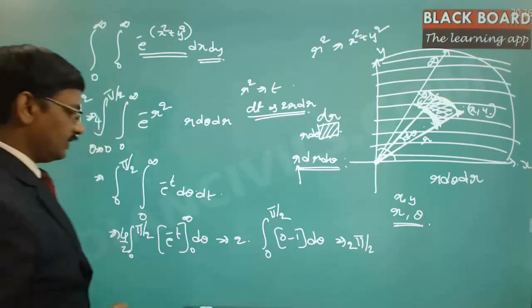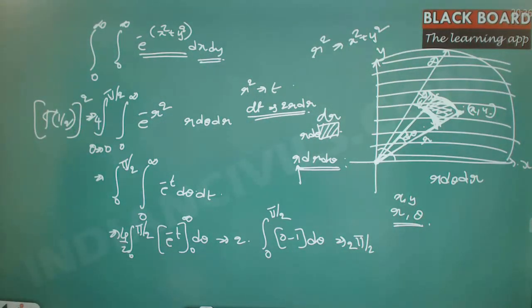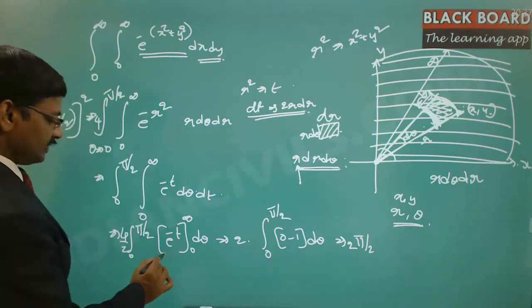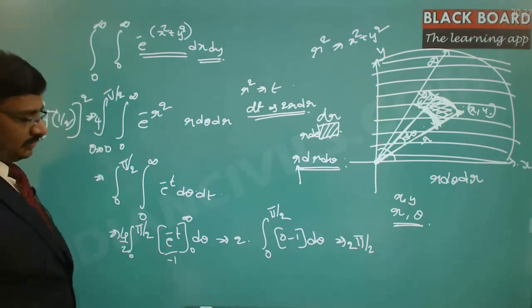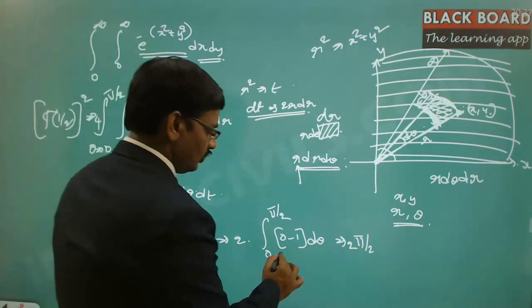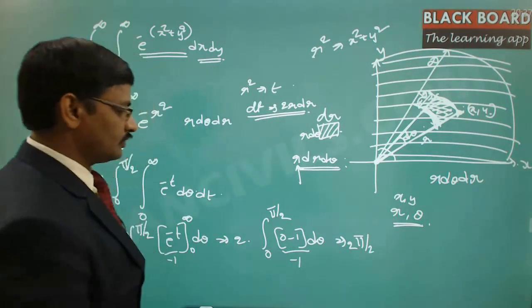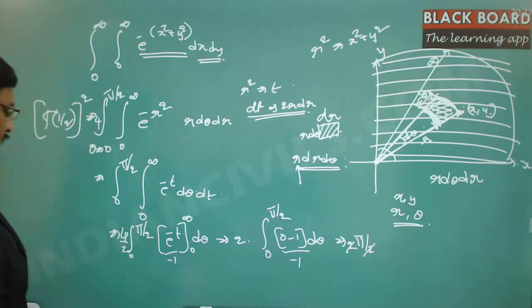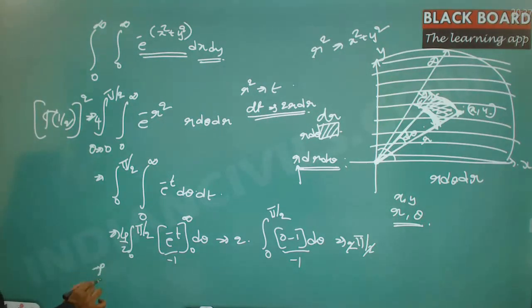I think there is one minus sign here. Yeah, there is one minus sign, right? That's what I forgot. Here the integral of e power minus t is divided by minus 1. So pi will cancel, 2 will cancel out, and then finally gamma of 1 by 2 whole square.